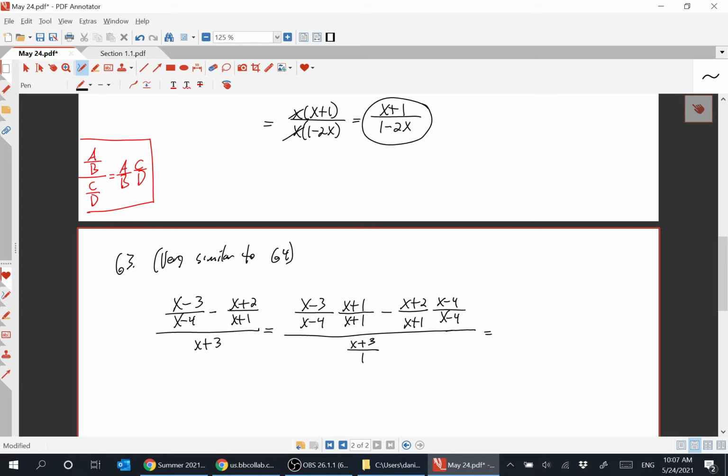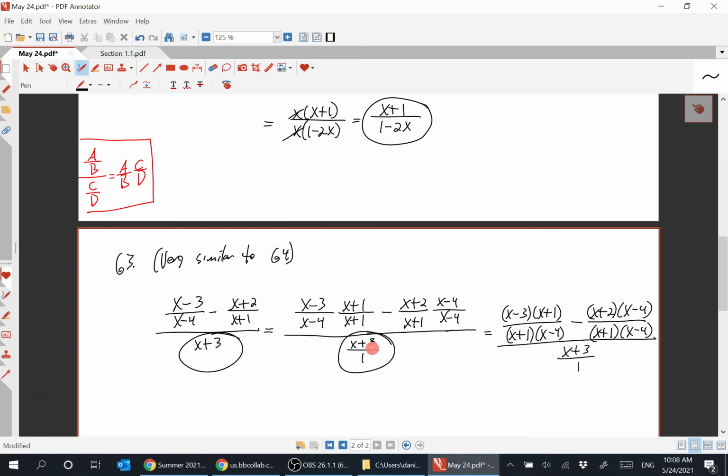So we've got x minus 3, x plus 1 over x plus 1, x minus 4, minus x plus 2, x minus 4 over x plus 1, x minus 4, all of that over what was on the bottom before. Now remember, on the bottom, this is not a fraction. Well, it is. Whenever you have an expression that really isn't a fraction, you can always make it a fraction just by putting it over 1.